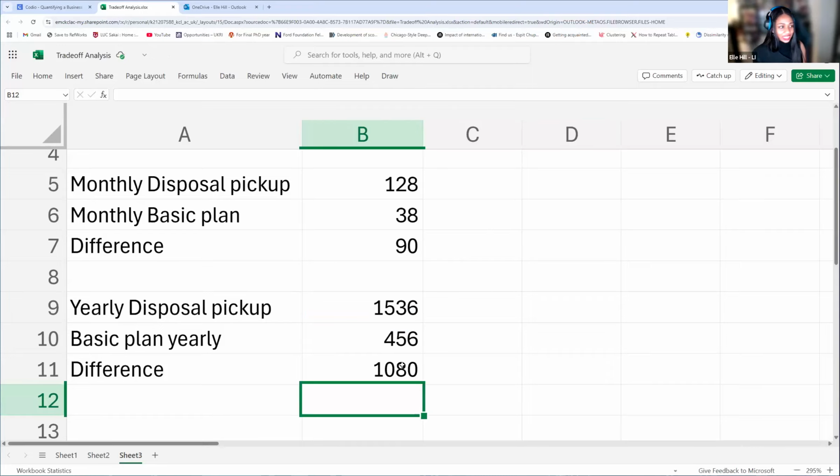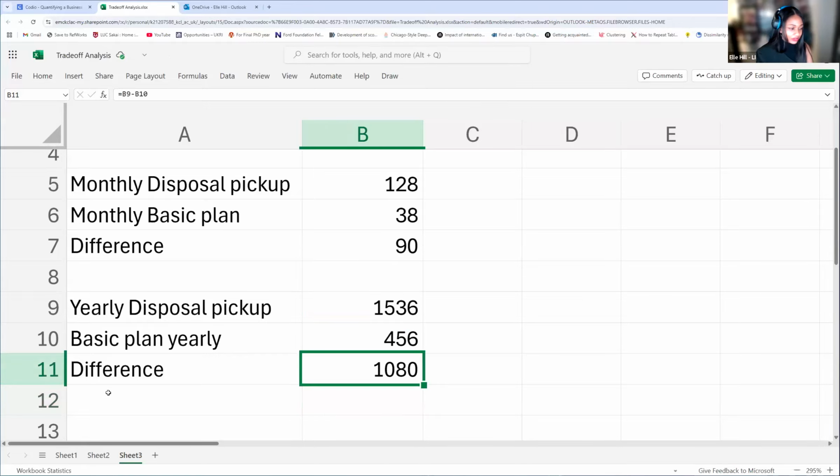So what is the final thing that I need to do to go from this yearly savings to weekly? Amazing. Yes, exactly. Because there are 52 weeks in 1 year, to find the weekly savings, what I can do is divide this by 52.